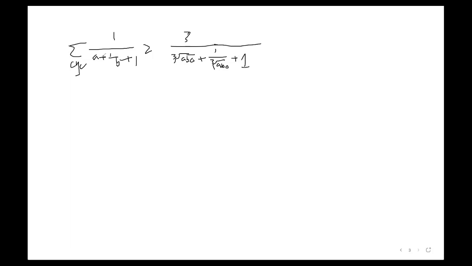So the first thing I did when I saw these expressions is I noticed this quantity, and we can use a well-known theorem that the cyclic product of this thing is equal to abc plus 1 over abc.